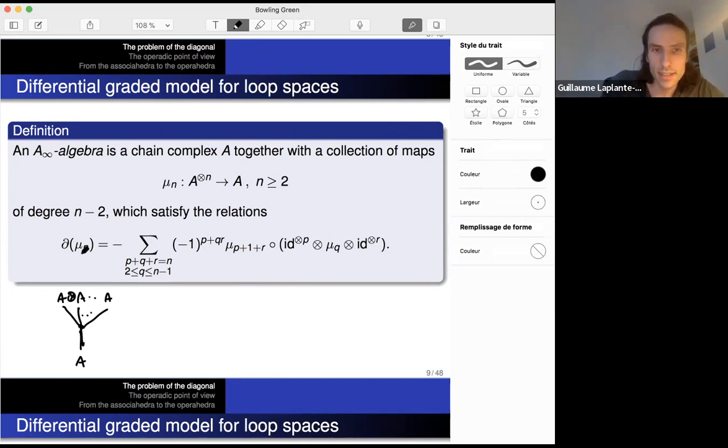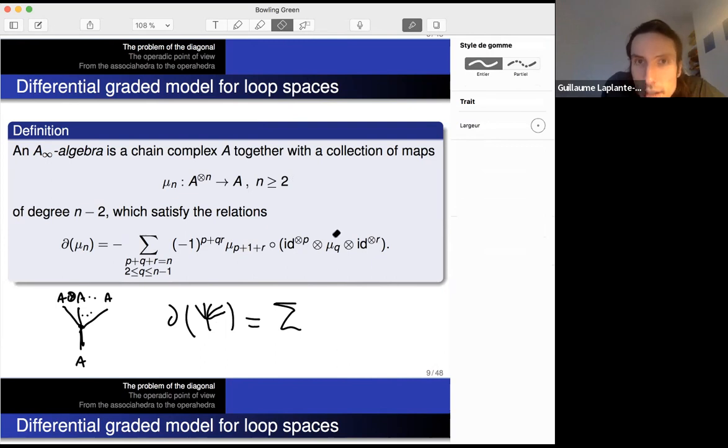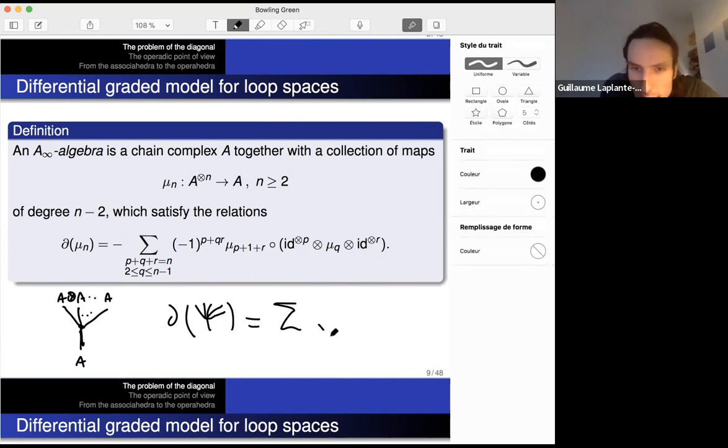And they satisfy the relations, basically summing over all the possible ways of splitting your tree into two. Maybe I should put an additional leaf.